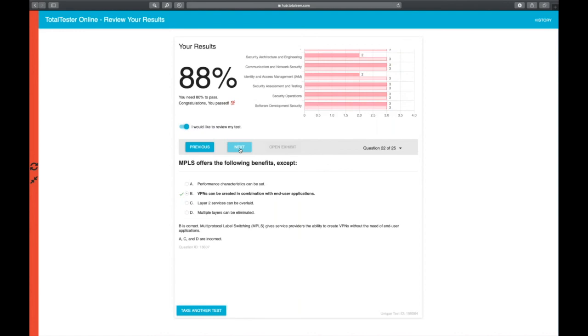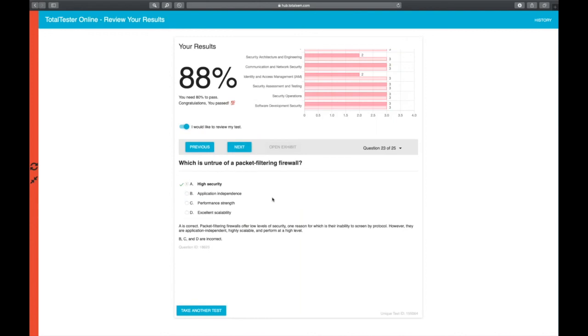So the one that's not a benefit of MPLS is that VPNs can be created in combination with end-user applications. But MPLS gives service providers the ability to create VPNs without the need of end-user applications. I think that's too technical.